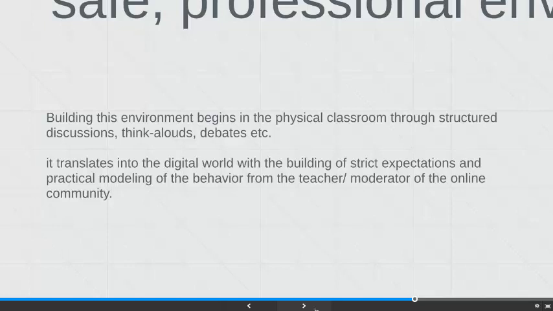They are also in the online world, because of the building of strict expectations and practical modeling of behavior from the teacher/moderator of the online community. You show them what the rules are and you build it within your class, and it can easily be translated to your online environment.